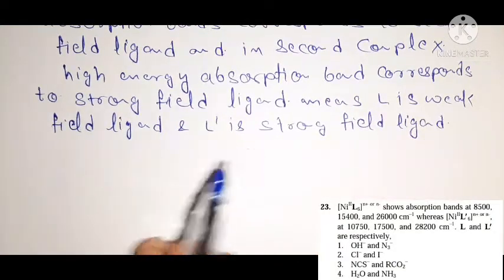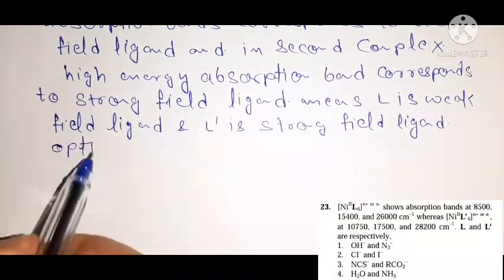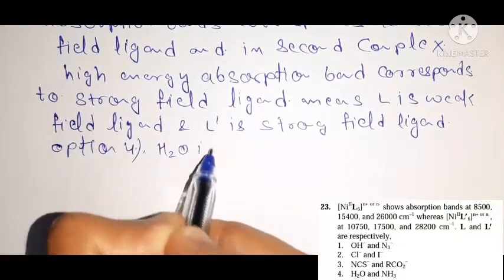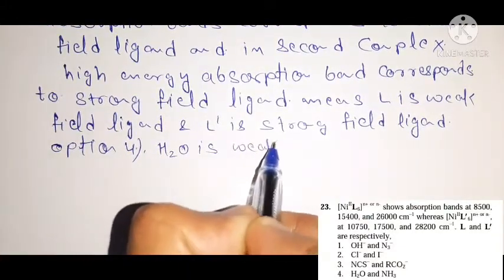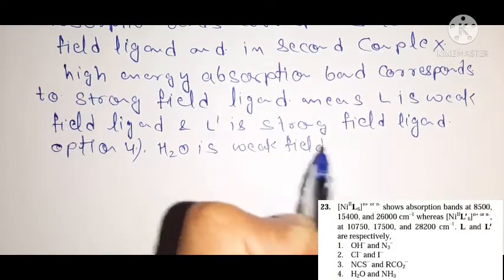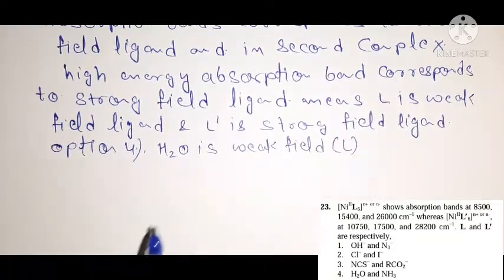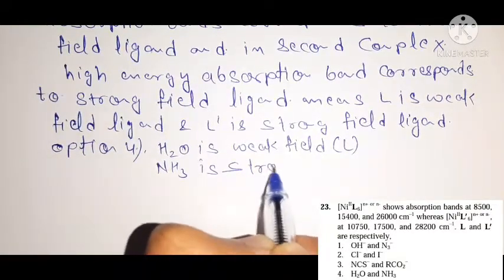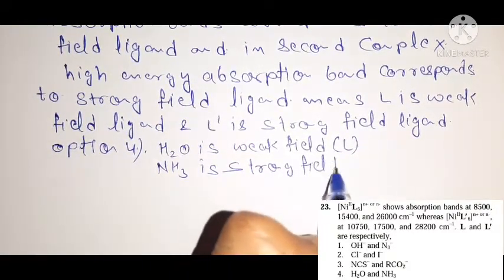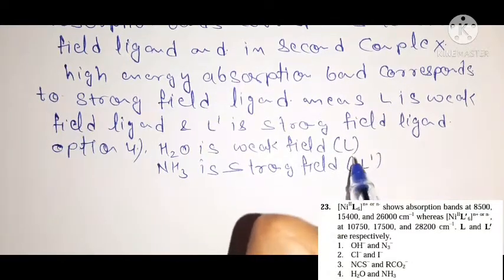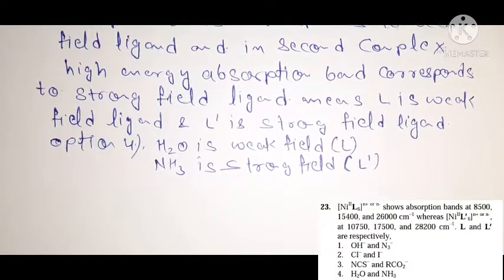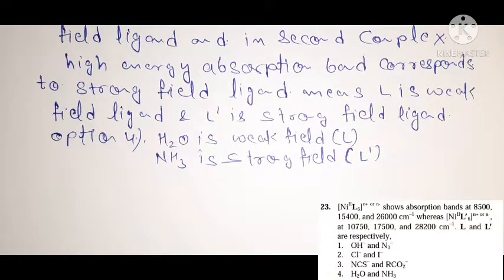So option 4 is the correct answer for this question, because H2O is a weak field ligand, which is L in your question, and NH3 is a strong field ligand, which is L dash according to your question.